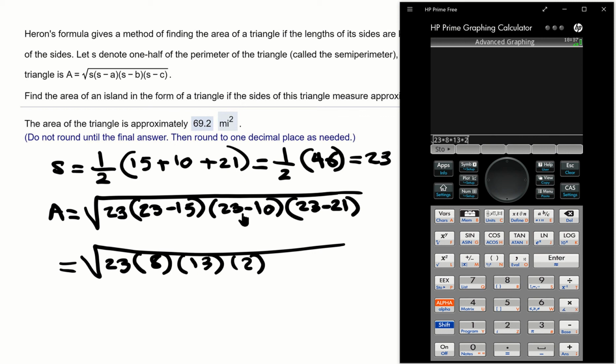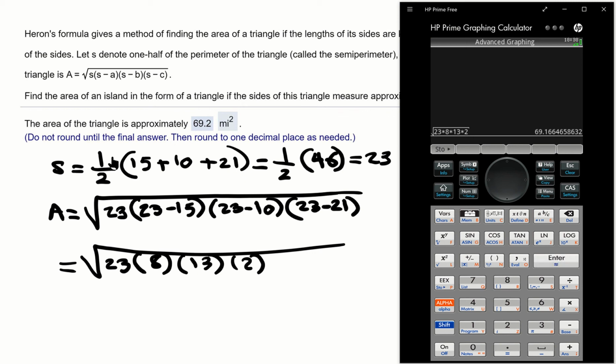And of course I calculated what these were because they were pretty simple. If those numbers are not very friendly, you can always just type in the expression as you see it here with the subtraction, and the calculator will take care of that. So now we're ready to hit enter. Let's make sure we typed everything in correctly. 23 times 8 times 13 times 2. And once we hit enter, we get our value.